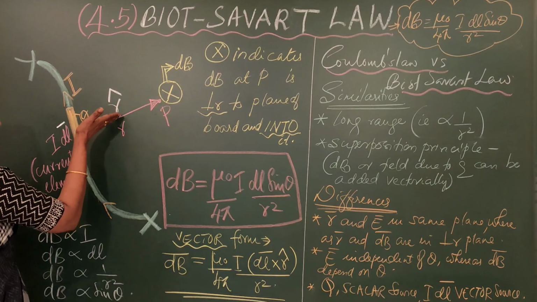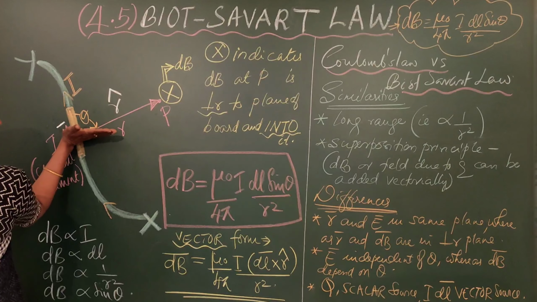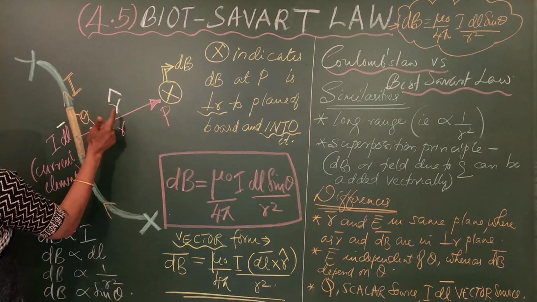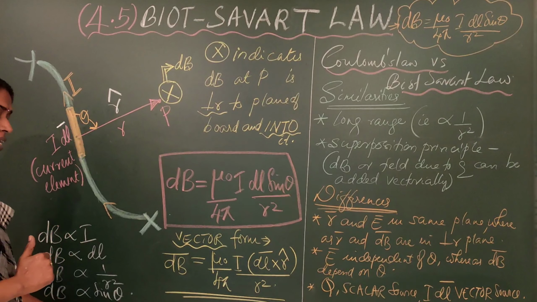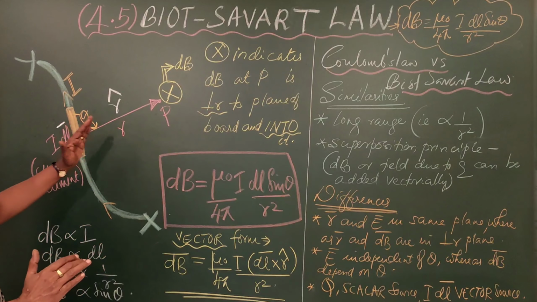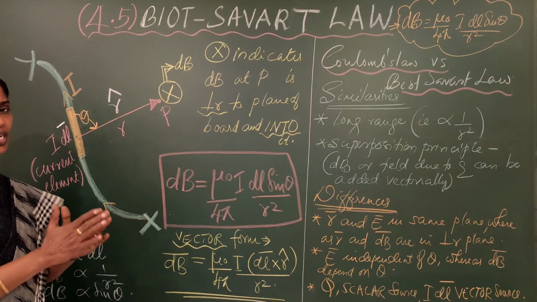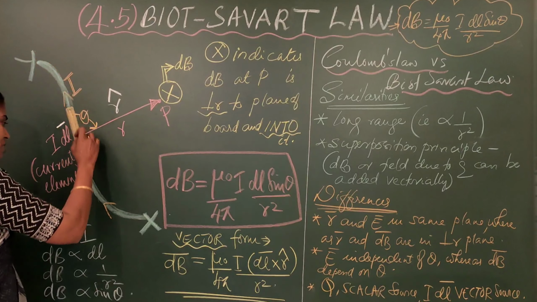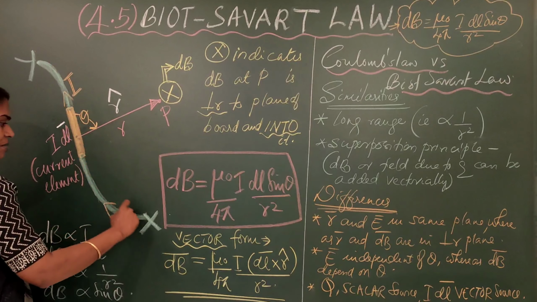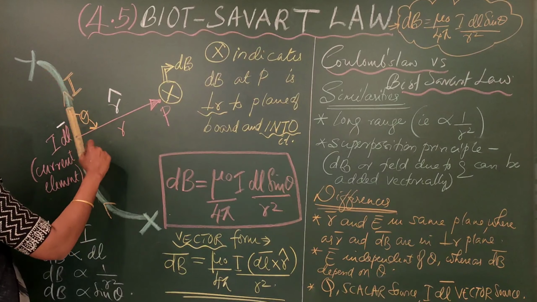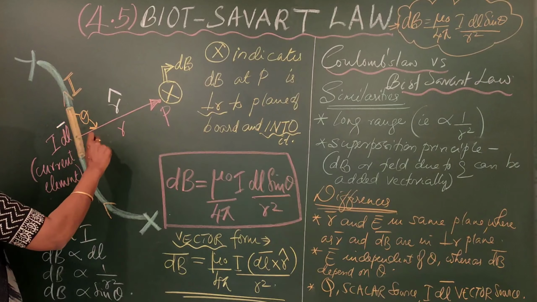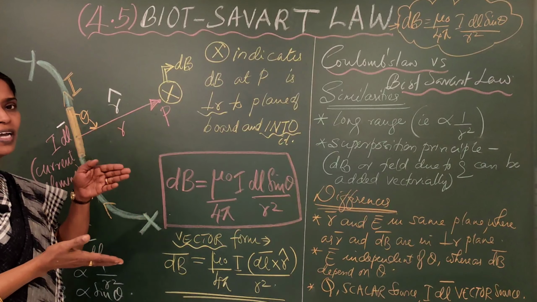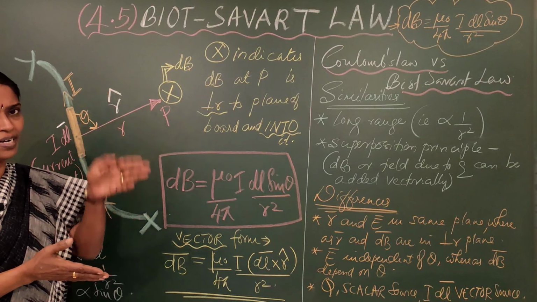If r cap is perpendicular to this current element, theta is 90, so sin 90 is 1. So for theta 0 or 180, you don't have any magnetic field, so the point P cannot be on the line of the current, XY. It should be perpendicular to the plane of the current element.